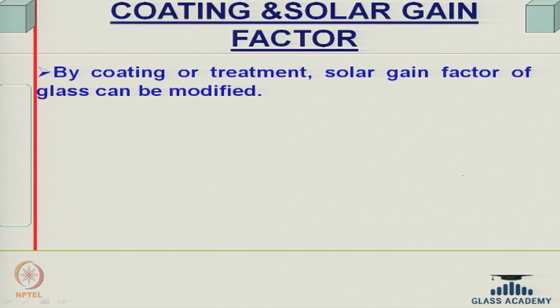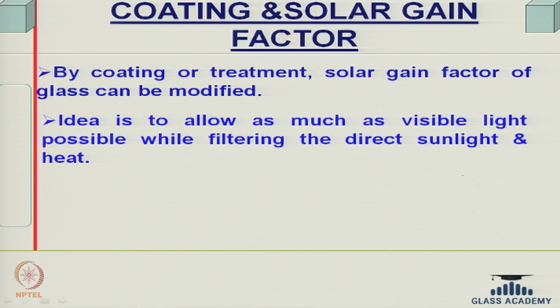You press the button and the transmittivity of the glass changes. These are high technology material science that allows all these things to be done, and you can use them in a positive way. The idea is to allow as much visible light as possible while filtering out the direct sunlight and heat.